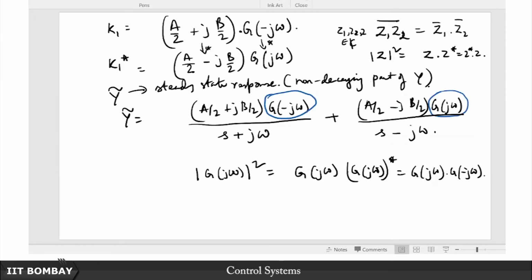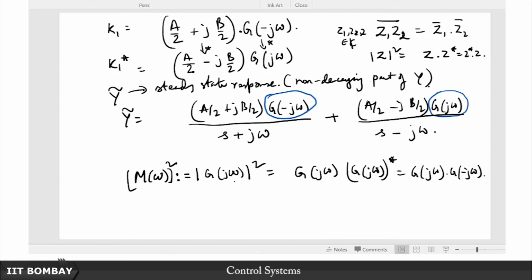So let us then define this as M omega squared, where M omega is the gain of the system at j omega, or rather at a frequency of omega. So for a sinusoid of frequency omega, what is the amplification?